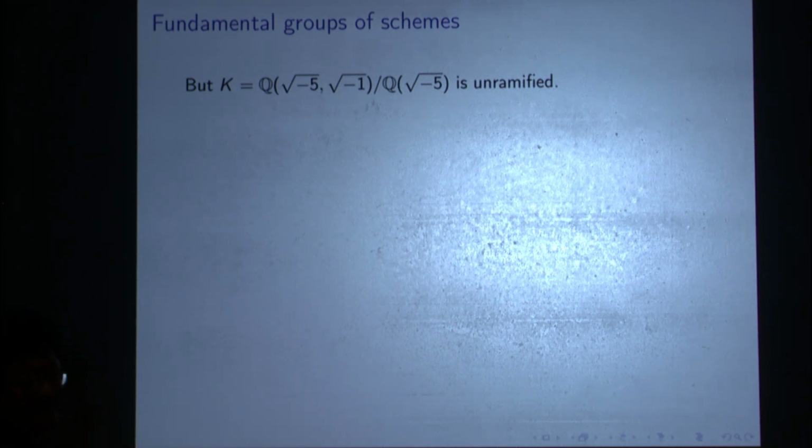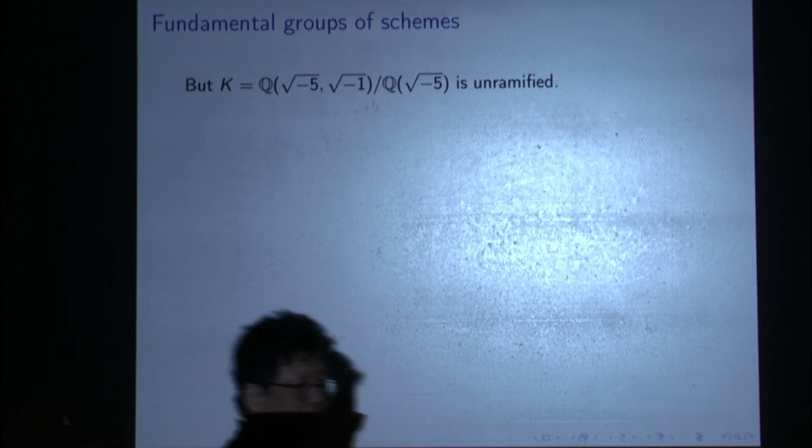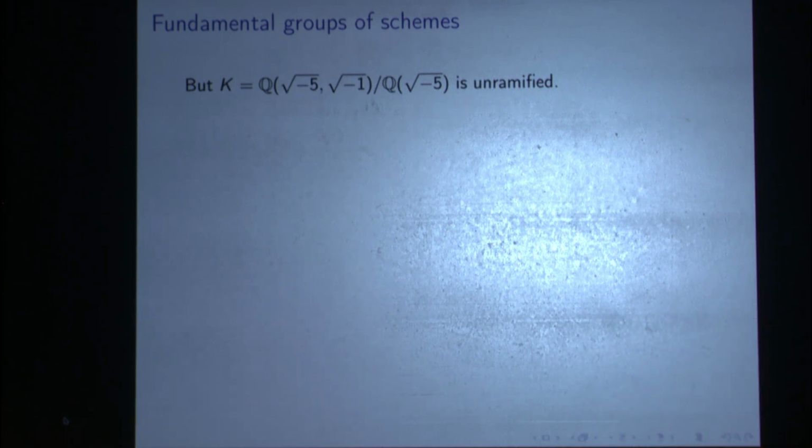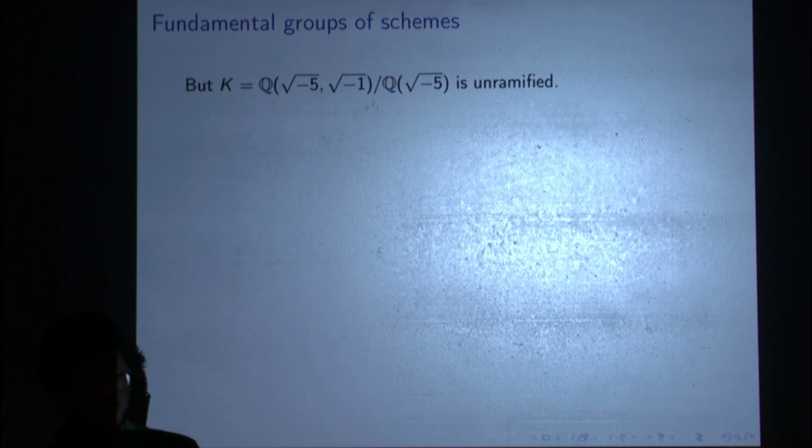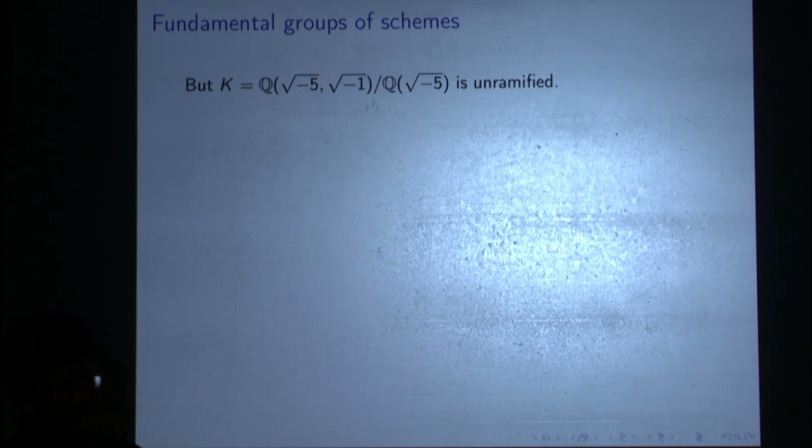Could you unpack the first formula of the previous transparency for me just a little bit? The spectrum of a field is all the prime ideals in the field, so that's just a point. That's right. Pi1 of a point is now a complicated Galois group. That's right. That's exactly why you have to set up this category so that the functions on your point are already part of the geometry of the space.